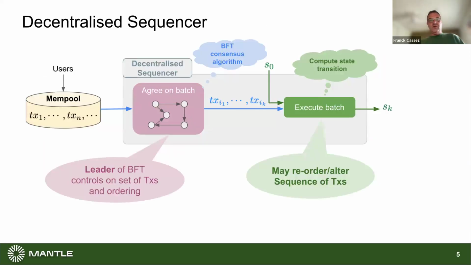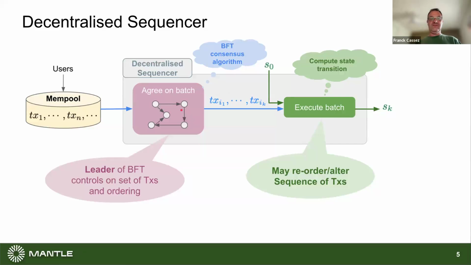So one solution that has been proposed to try and mitigate these issues is decentralizing the sequencer. By decentralizing, compared to the previous picture I had, instead of having a unique component that's going to pick up transactions from a mempool, you're going to run a consensus protocol to try and select the transactions and build a batch.